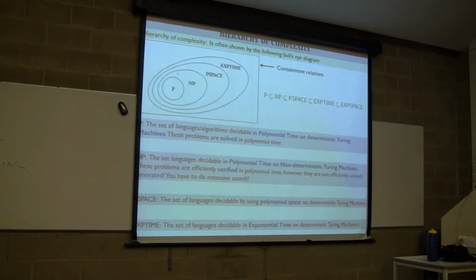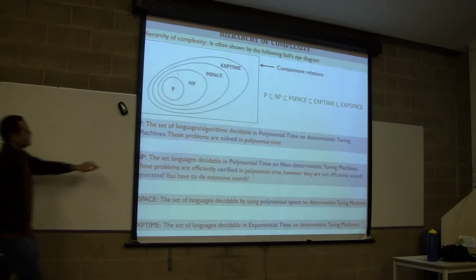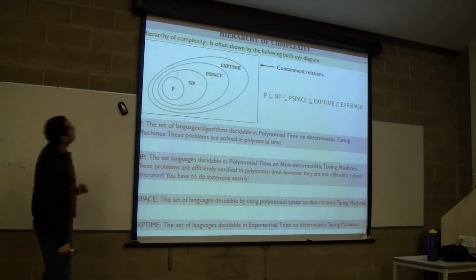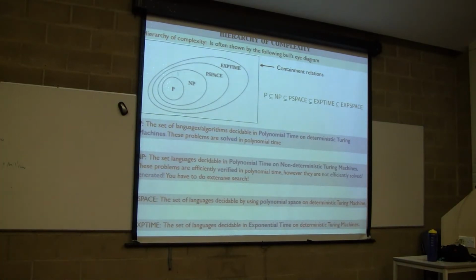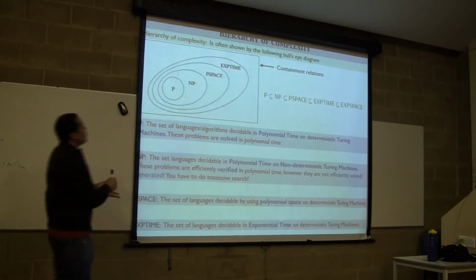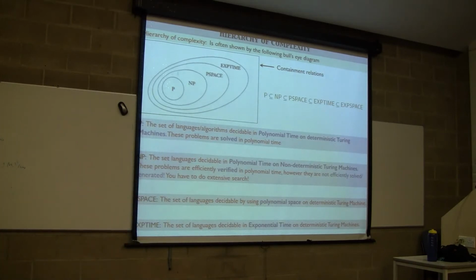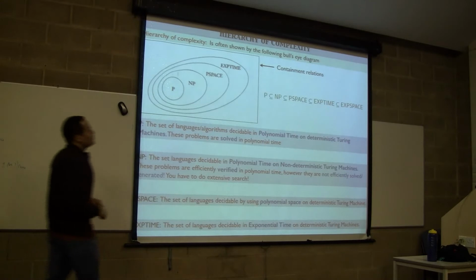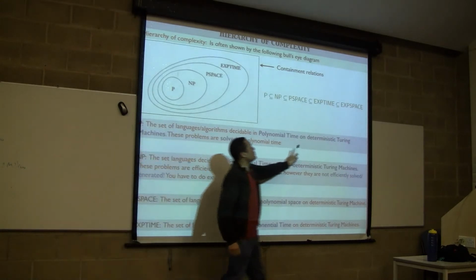Sorry that I'm not able to show the whole thing. This is slightly shifted somehow. But anyway, what is P here? P are the polynomial time algorithms. These are the set of languages or algorithms decidable in polynomial time on a deterministic Turing machine.